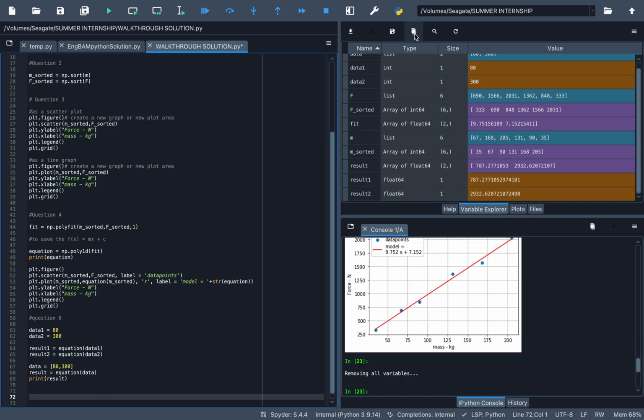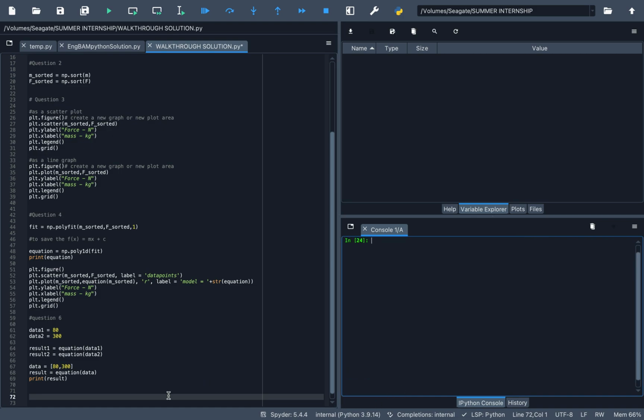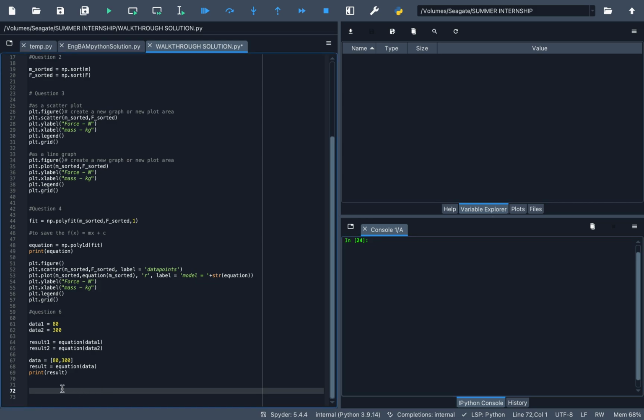So first of all, I'll clear my workspace as usual. For example, in this case, we were told an astronaut who weighs 95 kg on Venus.